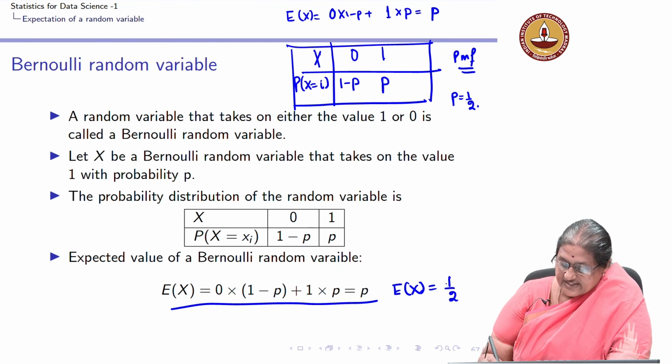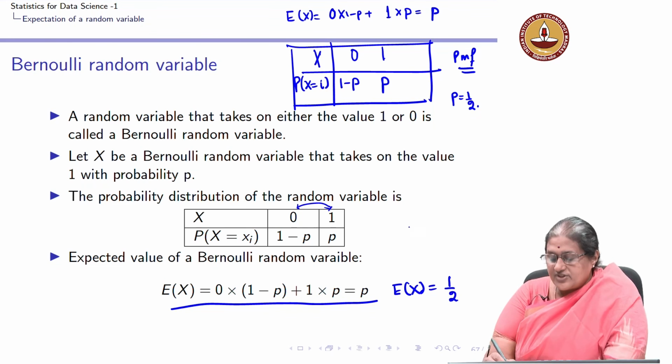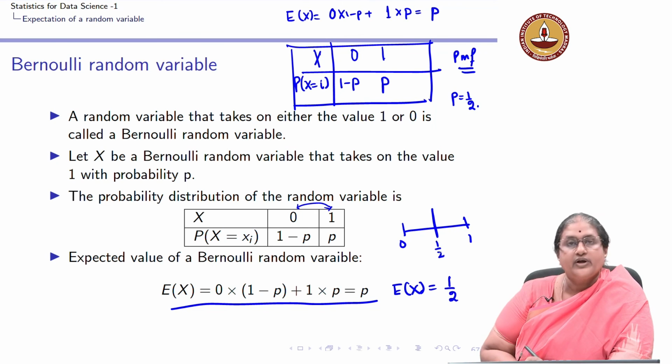Again, you can see that this does not take either of these values, but it is balanced between. So, x takes two values 0 and 1, and the balance is at this point, half.